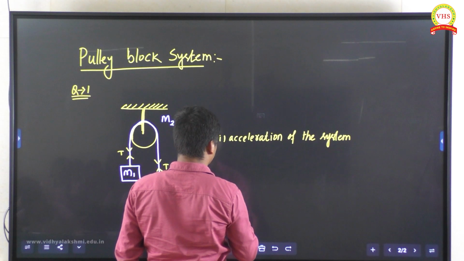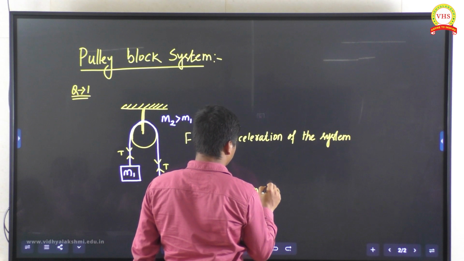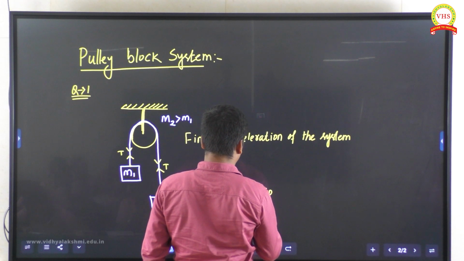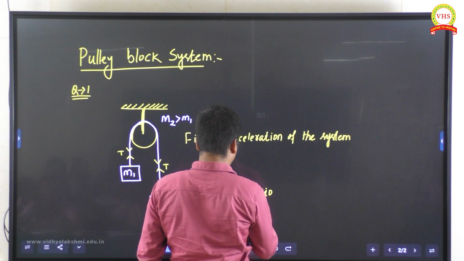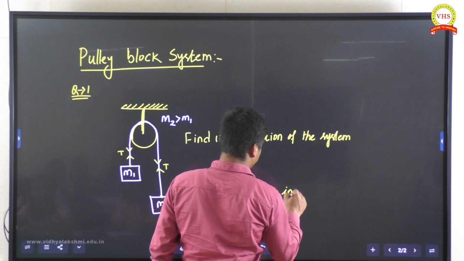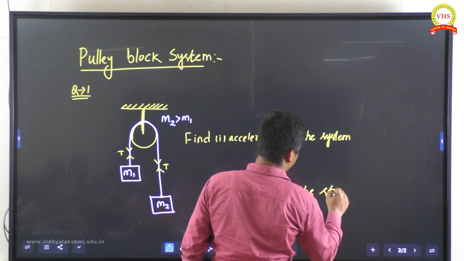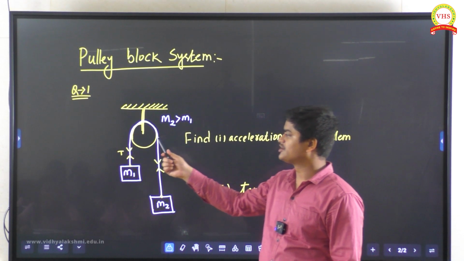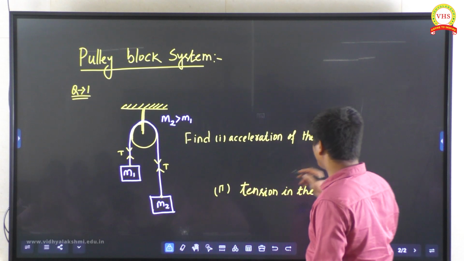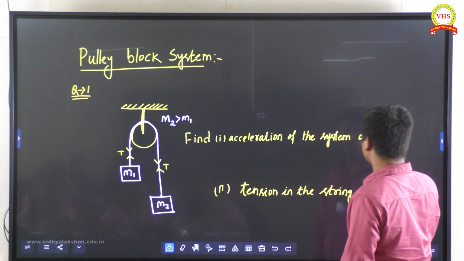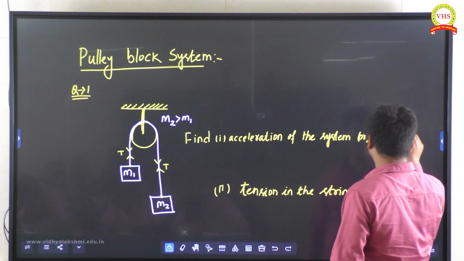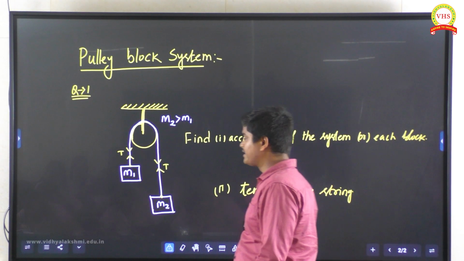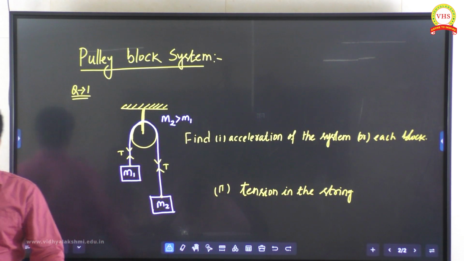And second, find the tension in the string. These two things you find. One is the acceleration of the system, or they can also tell the acceleration of each block. System or each block, the acceleration you find will be the same only. And you find also what is the tension in the string. Understood?